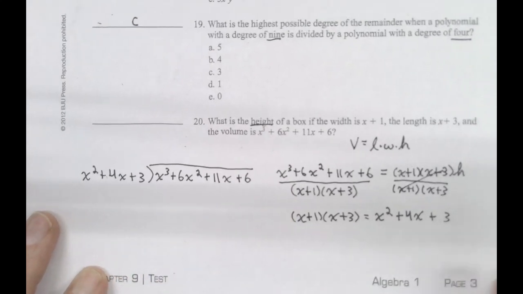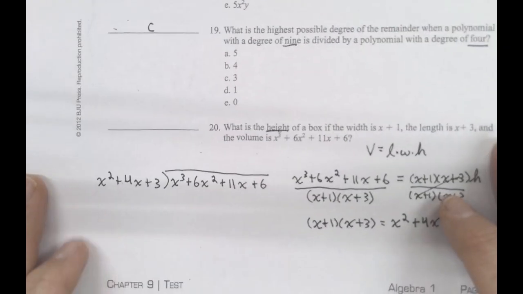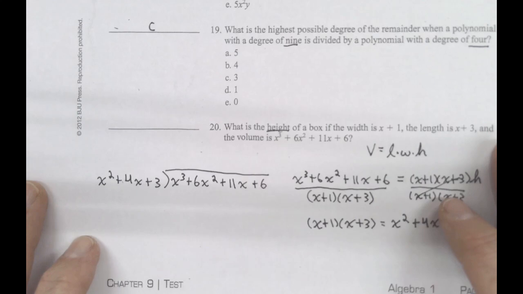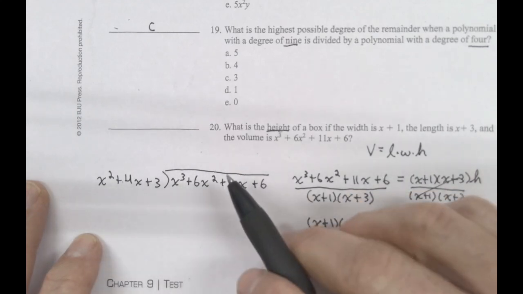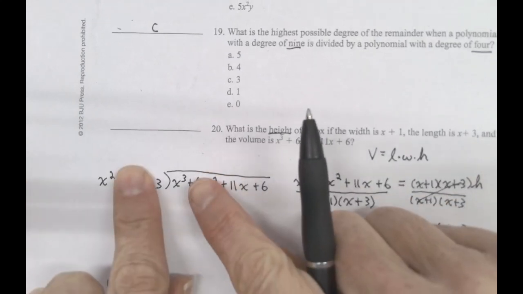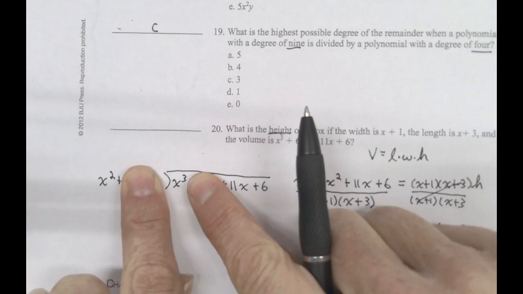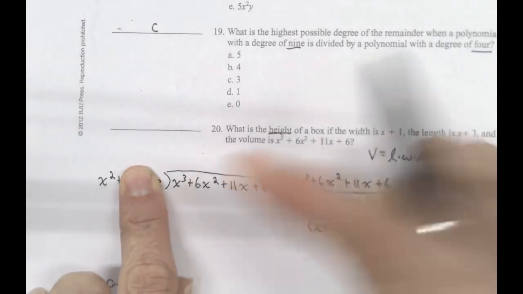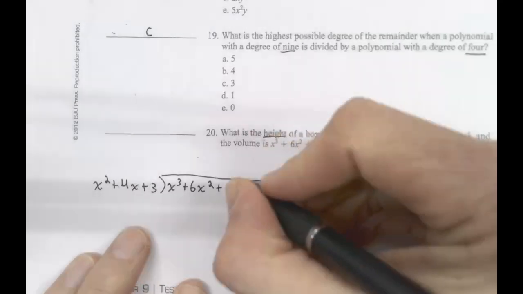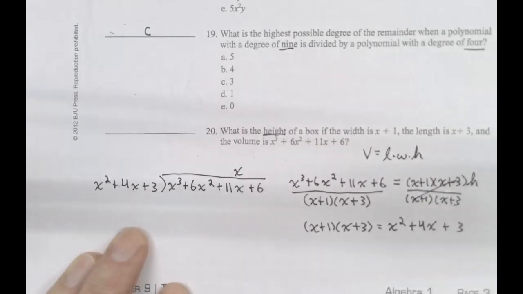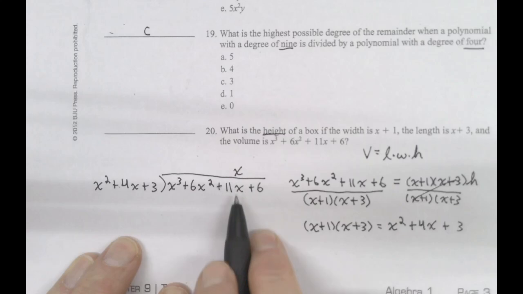We're doing good. Now we're going to do the same thing we did with the problem up here, except this is a little bit more complicated. I look at x cubed and ask, what's x cubed divided by x squared? The answer is just x, right? So I put an x right here, making sure the x's are lined up with the x's.